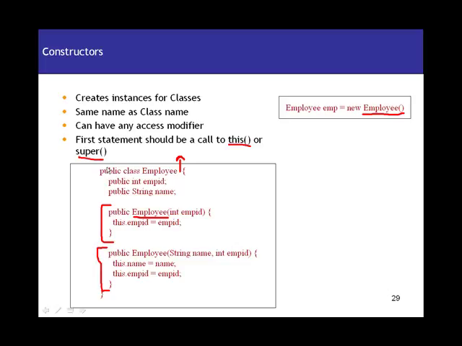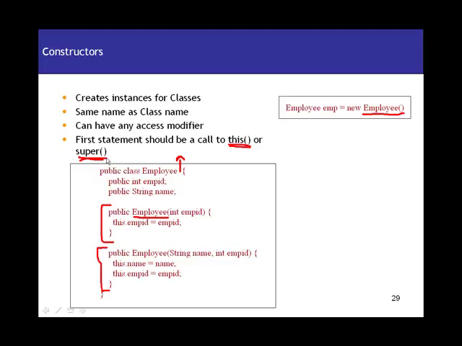But you can still put a different call to super or this. You can call an overloaded constructor using this, or you can call an overloaded constructor of the superclass using super.